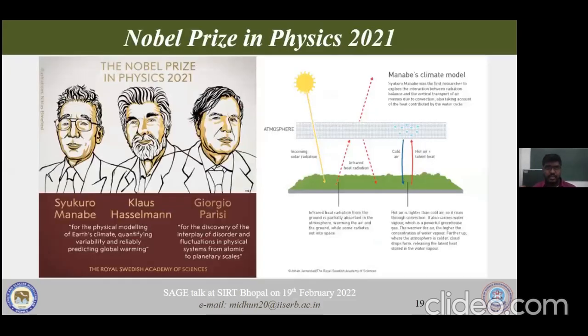One thing I want to highlight is that last year was very impressive for the climate science community, because two of the pioneers of climate modeling, Syukuro Manabe and Dr. Klaus Hasselmann, were awarded the Nobel Prize in Physics for their contribution to climate modeling.